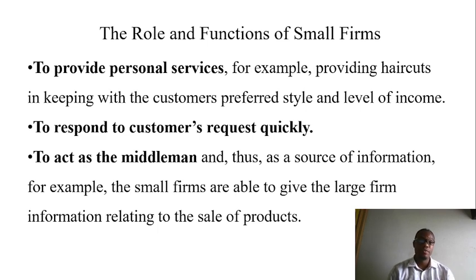For one, they provide personal services. They are able to respond to customers' requests more quickly, and they act as a middleman. When I say middleman, we're talking about that link between your manufacturer and the customers. So small firms act as the middleman that provide that link.